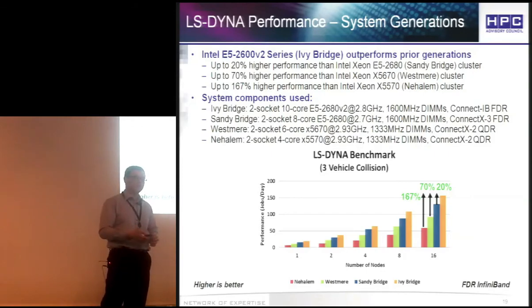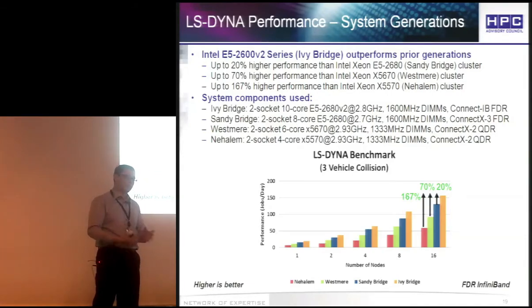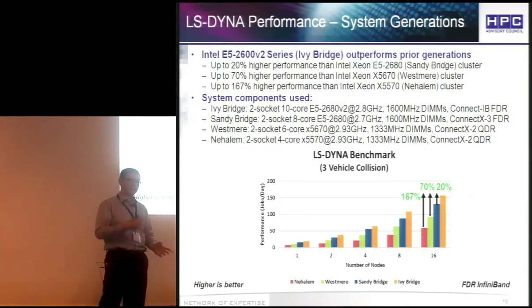So it gives you some justification for using a new cluster, and that also includes all the power that you use. You don't get a lot of performance benefit if you're still using a cluster with technology from a few years back.